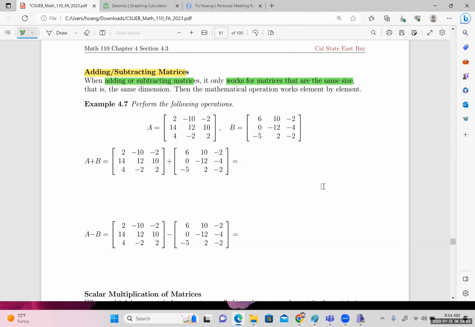Okay, so really watch out. Maybe I'm going to highlight the same size here. Okay, it only works for matrices of the same size, which means the same dimensions.